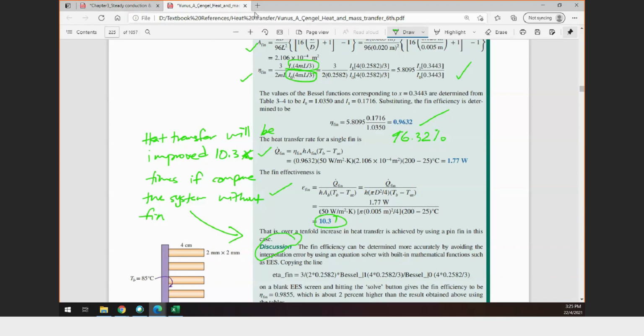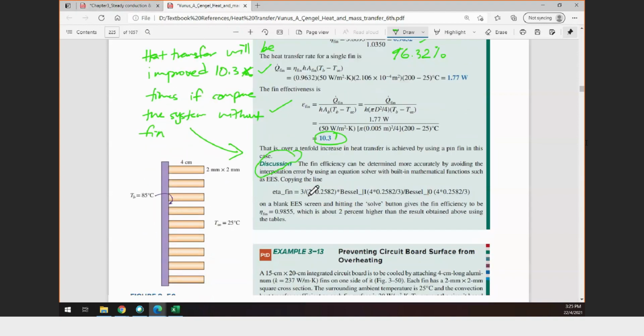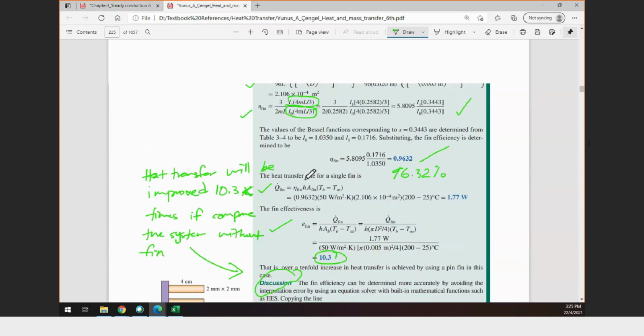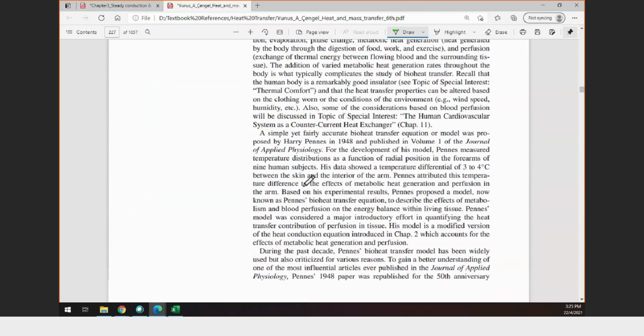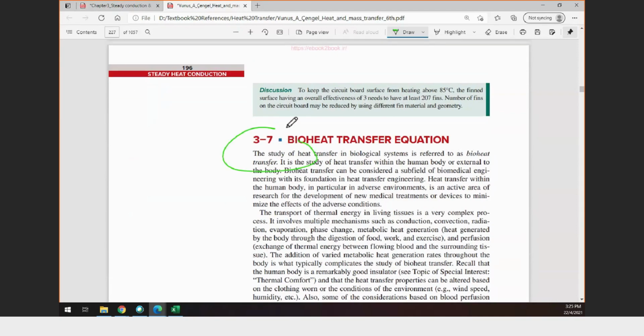Okay, any question? We have about 30 minutes. Basically, we finish chapter 3, because the next one, 3.7 here, is not covered in your syllabus, but if you want to read it for additional knowledge, no problem.